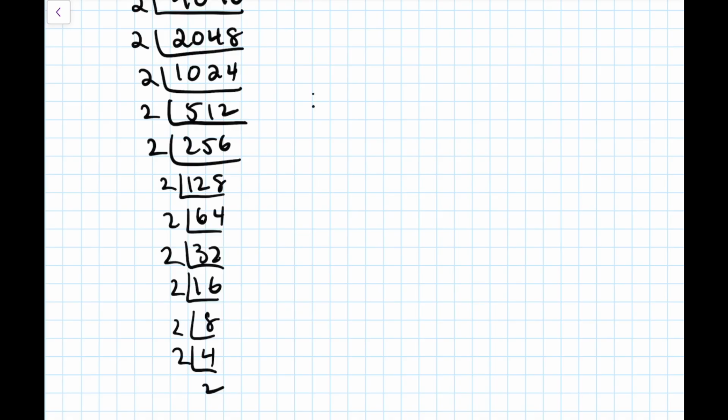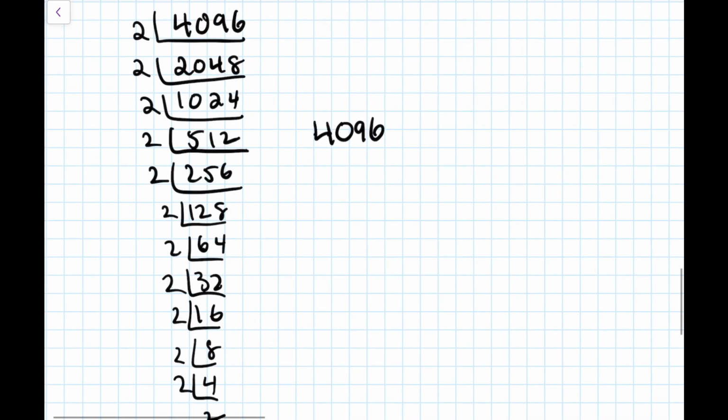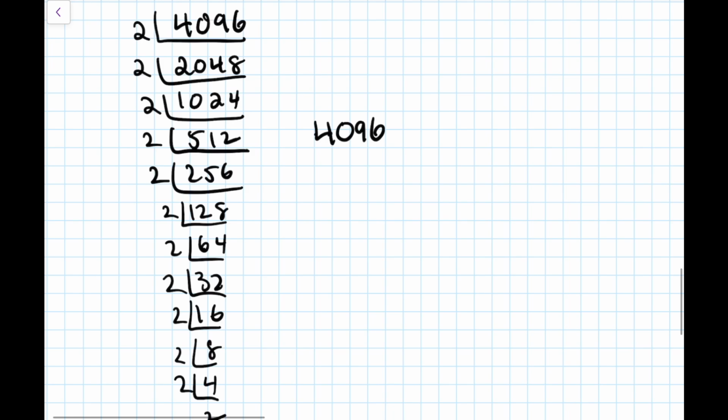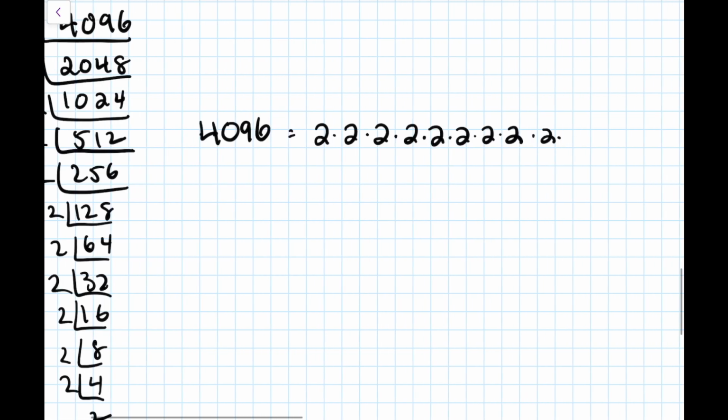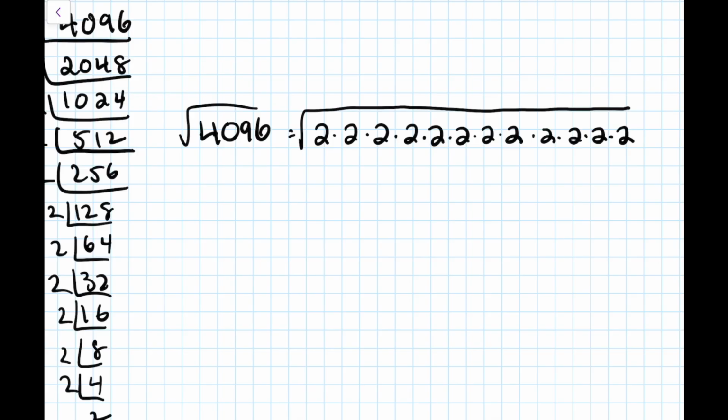So this 4096, if we go through and count all those, is, I believe, 12 2s, which means the square root of 4096 is the square root of all of those 2s. So what we're going to do is make pairs.